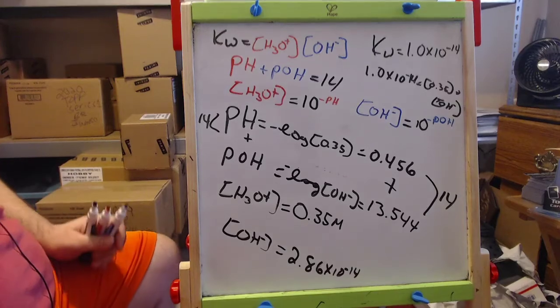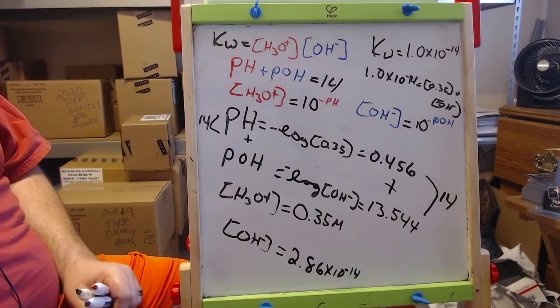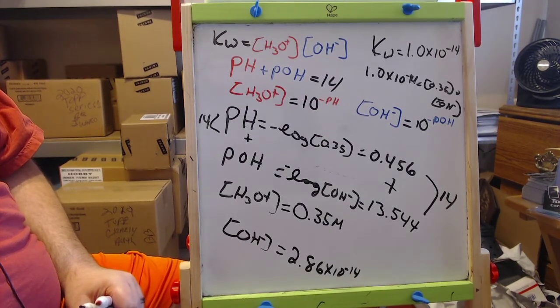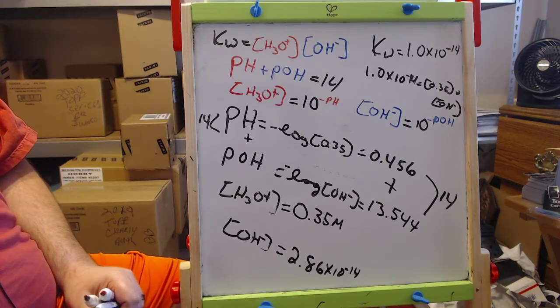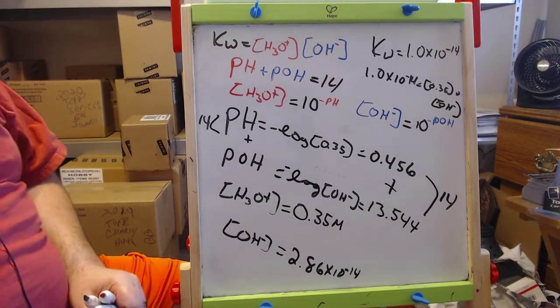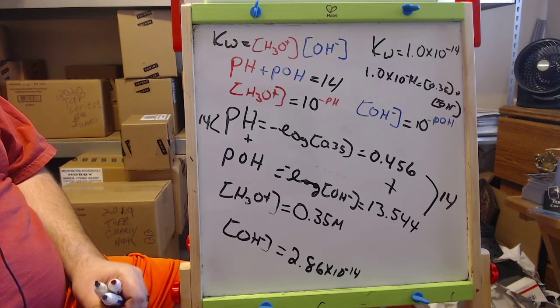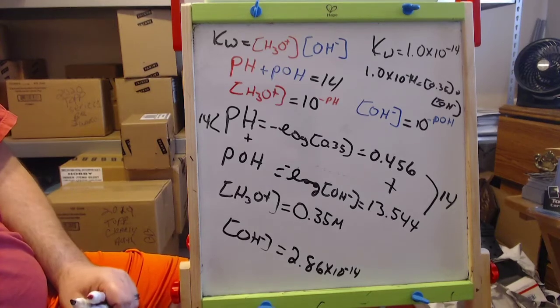If I had a 10 molar solution, what's the negative log of 10? Exactly. So there it is right there, -1.